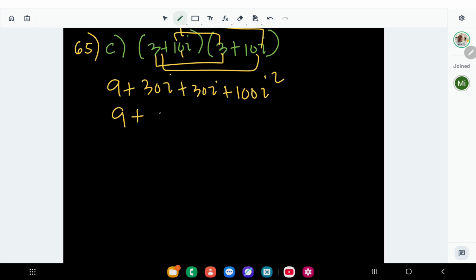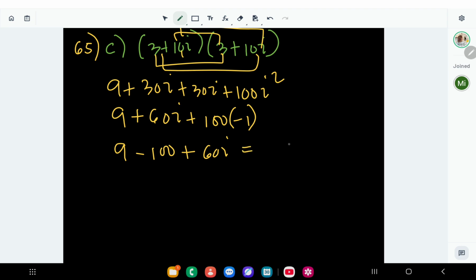So 9 plus 60i plus 100 times negative 1. So this is 9 minus 100 plus 60i, or negative 91 plus 60i. Okay, got that?